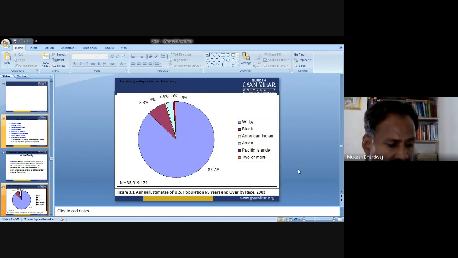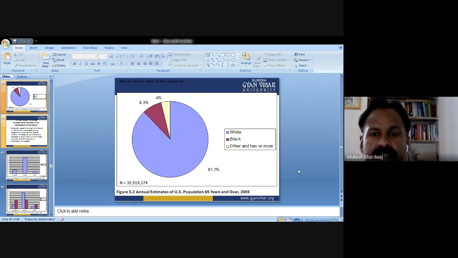Okay. Yes, anybody having doubt? Now again, we have just taken the same example, and we have clubbed the categories into three basic categories: white, black, and others, and two or more.